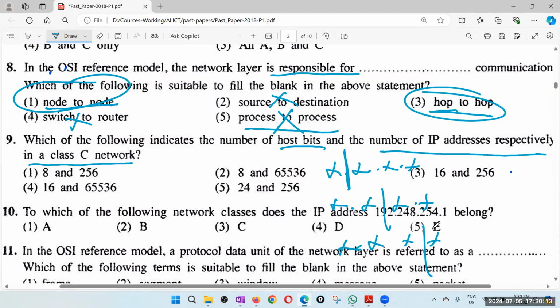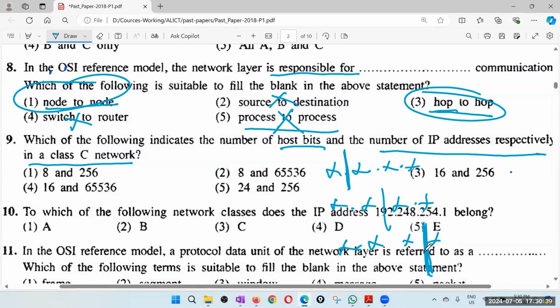Of course, from here we can borrow bits to create subnetworks, in classful addressing. So class C means the net ID to host ID separation is here, and the default mask is 255.255.255.0. The last 8 bits are for the host.